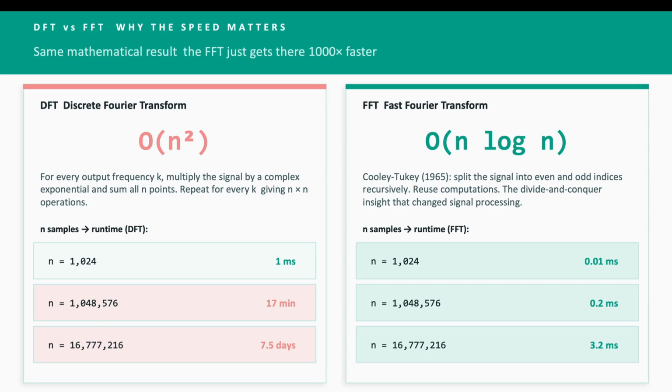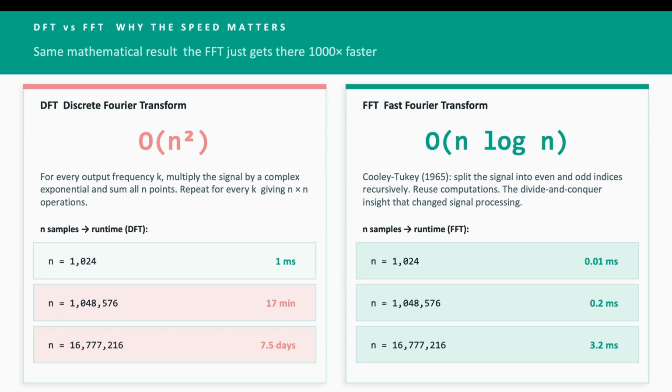So Cooley and Tukey in 1965 had the insight that changed everything. They realized you do not need to recompute everything from scratch. You can split the signal into even and odd indexed samples, compute the DFT of each half recursively, and combine the two results using a simple operation.